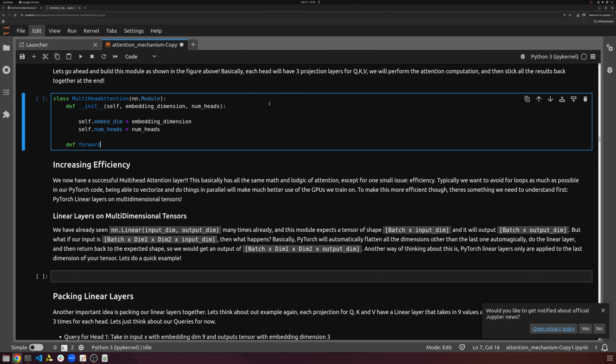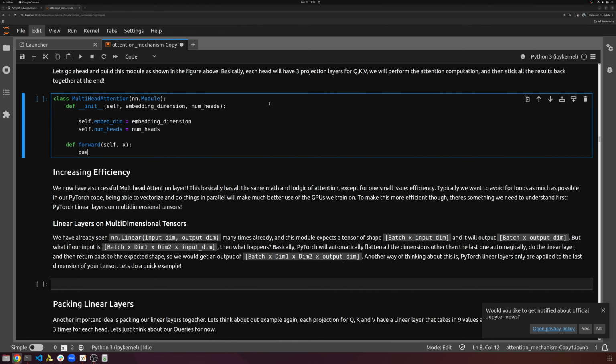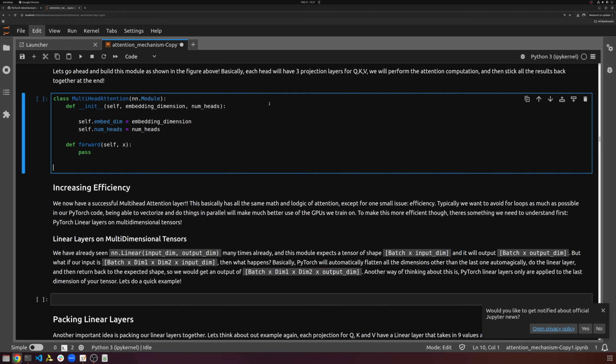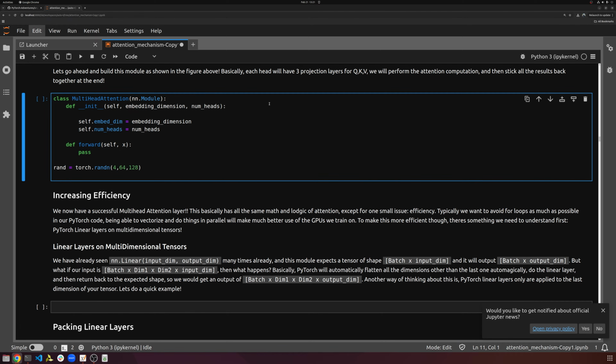We need a forward, self, x, and then again we're going to do rand is torch.randn for, let's do a 64 by 128, and we're going to do a model, or I guess attention, is equal to multi-head attention. Now notice that if we pick 1 for num heads, then that's just the attention we already did.